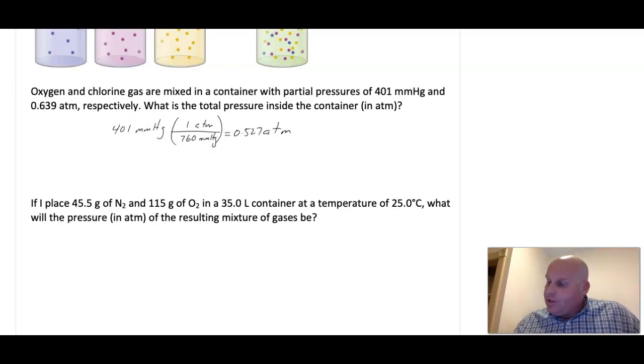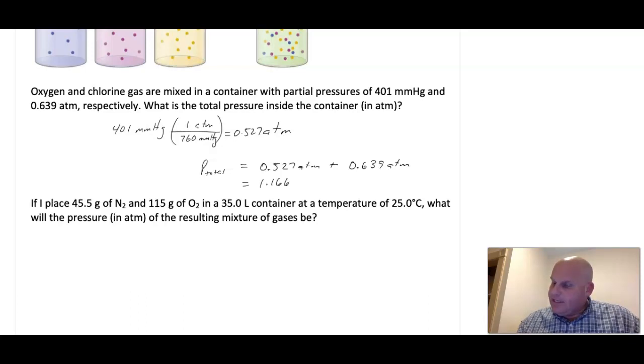Now the total pressure is just the sum of our two partial pressures, of oxygen and chlorine respectively. So that would be 0.527 atm plus 0.639 atm, and our total pressure is just 1.166 atm.